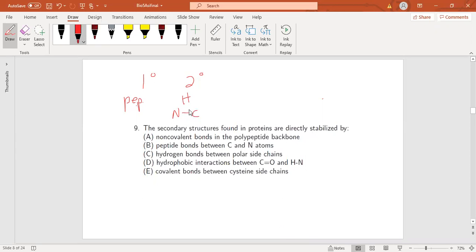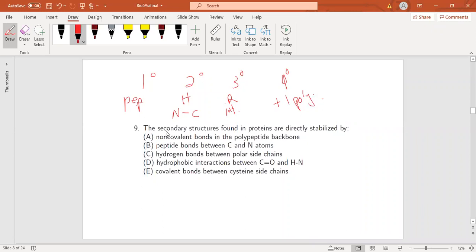So from the peptide backbone specifically. The tertiary group is side chain interactions, so I'm just going to write R interactions. And the quaternary structure is interactions between more than one polypeptide chain.